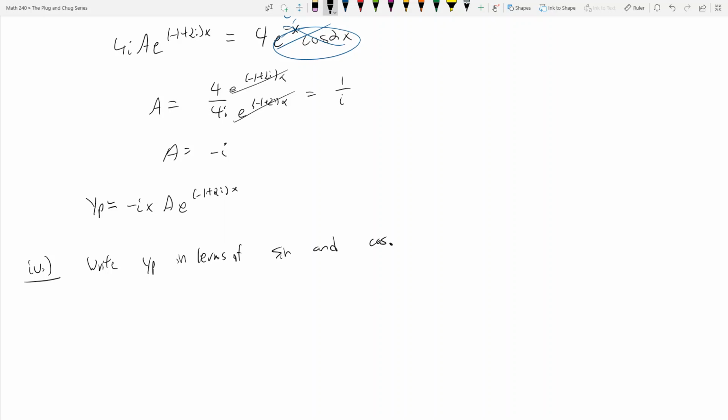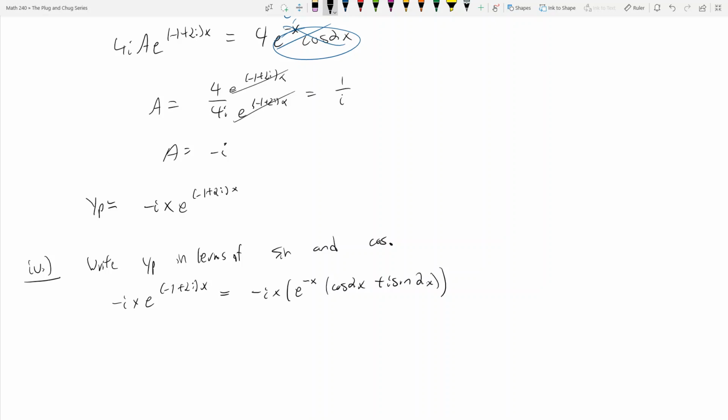Now, there's no more a because a is negative i. Remember, I solved for a, so a disappears. So this is negative ix e to the negative 1 plus 2ix, which is equal to negative ix times what? It's e to the negative x times cosine 2x plus i sine 2x.